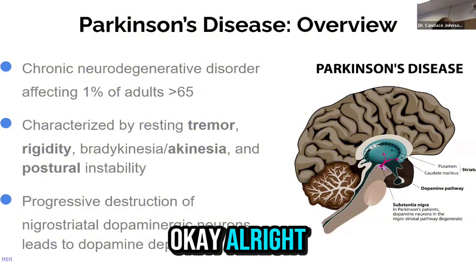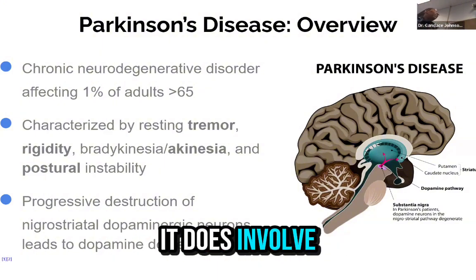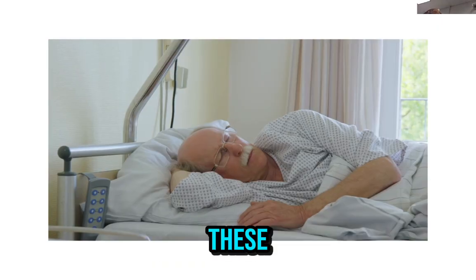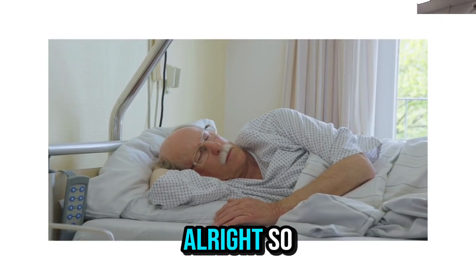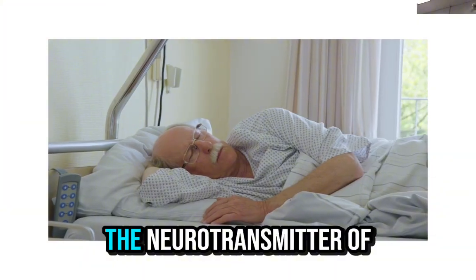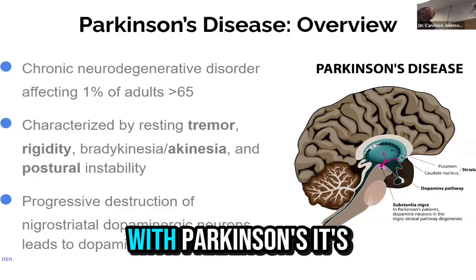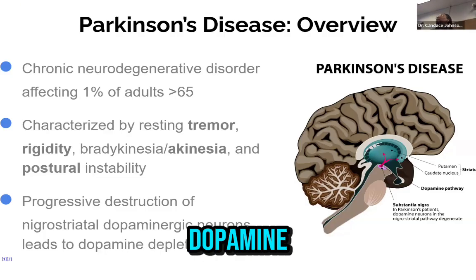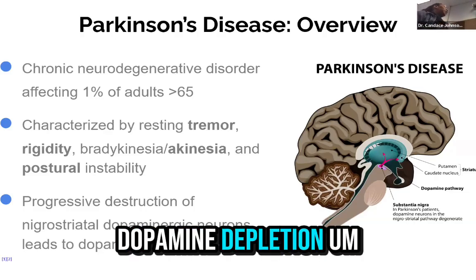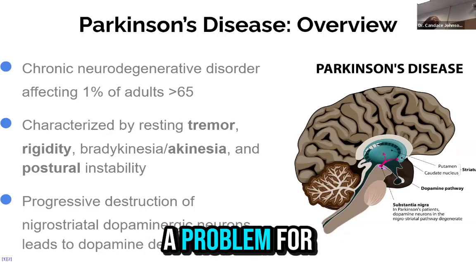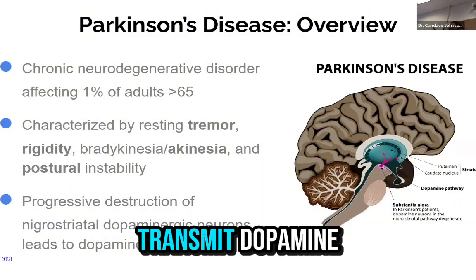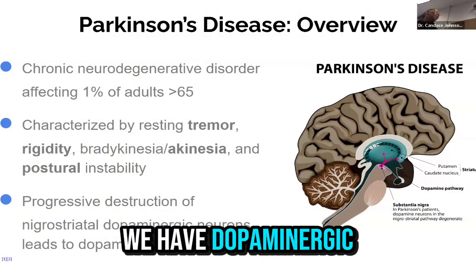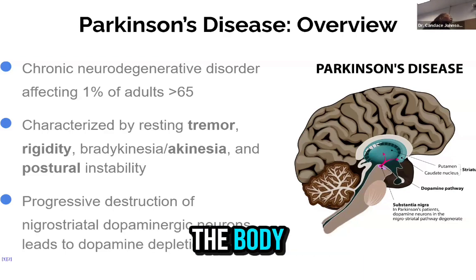Okay. All right, it's progressive, and it does involve the destruction of these specifically dopaminergic neurons. So if you had to think of the neurotransmitter of choice with Parkinson's, it's dopamine. Dopamine depletion is going to be a problem for all of us. We all use dopamine. We all fire off or transmit dopamine. We have dopaminergic receptors all over the body.